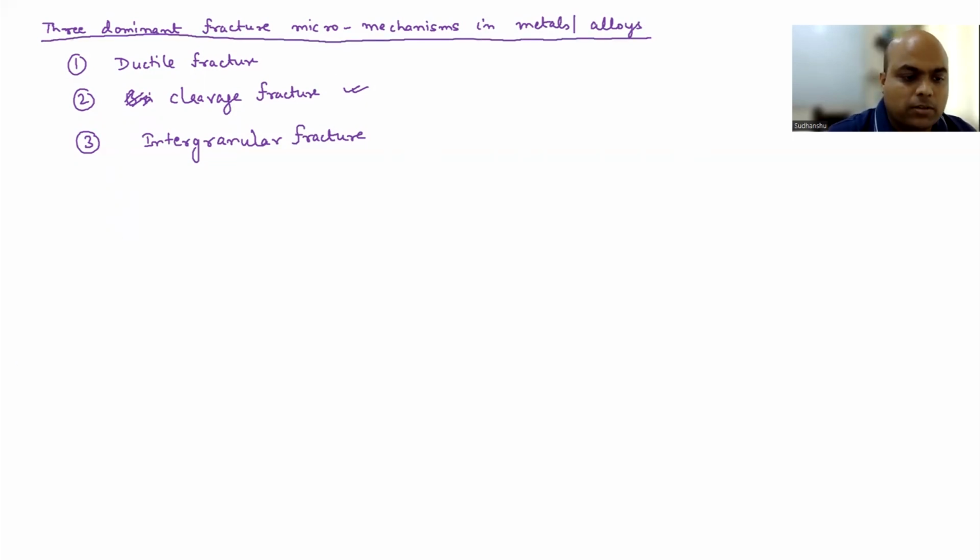Okay, so we'll talk about the ductile fracture first. So we'll talk about ductile failure first. Okay, so now use again the tensile loading, uniaxial tensile testing, and see how we understand the fracture mechanisms. Okay. Ductile fracture.